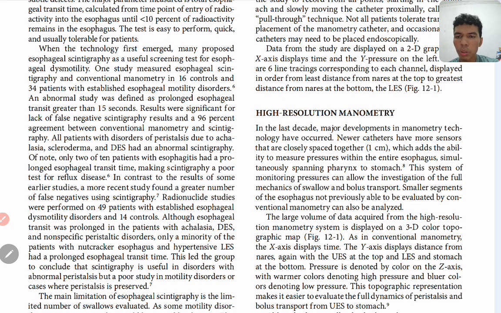All patients with disorders of peristalsis due to achalasia, scleroderma, and DES had an abnormal scintigraphy. Of note, only 2 of 10 patients with esophagitis had a prolonged esophageal transit time, making scintigraphy a poor test for reflux disease.